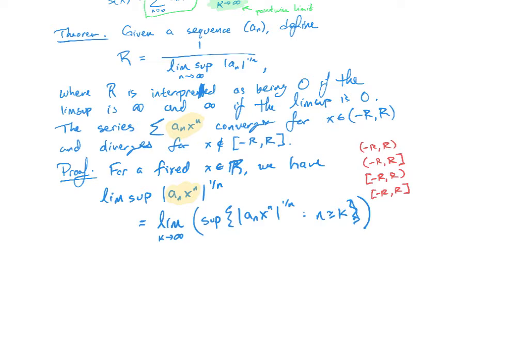Now, what we can do to simplify this is that we've got this x^n, and then the whole thing's raised to the 1 over n. So we can split this up, absolute value a_n to the 1 over n, and then absolute value x^n to the 1 over n, which would just be absolute value x, okay?